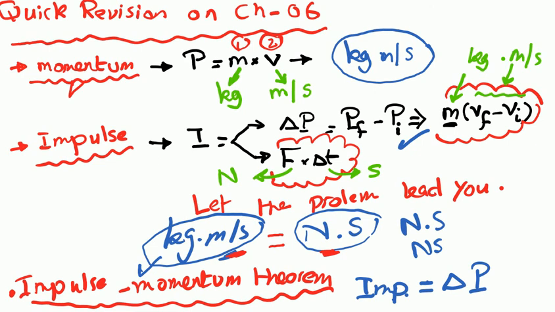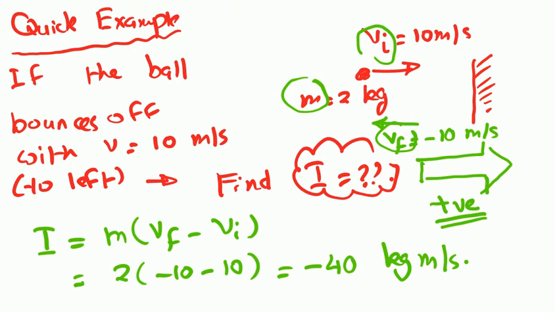Now let's have a quick example on this. If we have a ball, like this is a racket ball, for example. This racket ball has a mass of 2 kilograms.